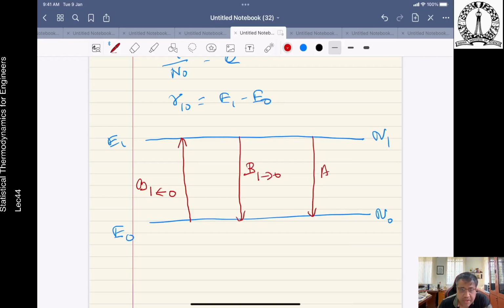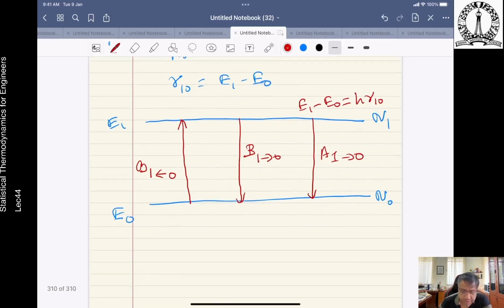Just hold on and we will explain what these lines actually mean. So E1 minus E0 equals h nu. This is the expression that we have.